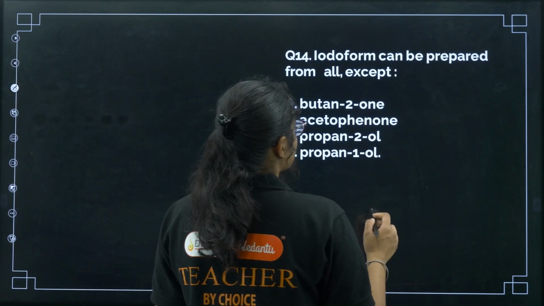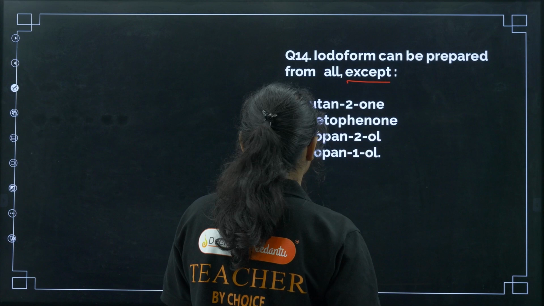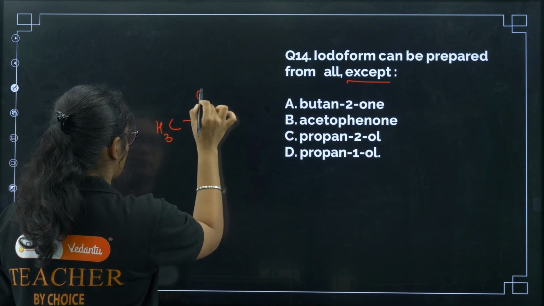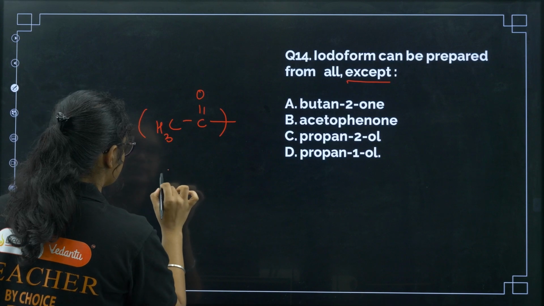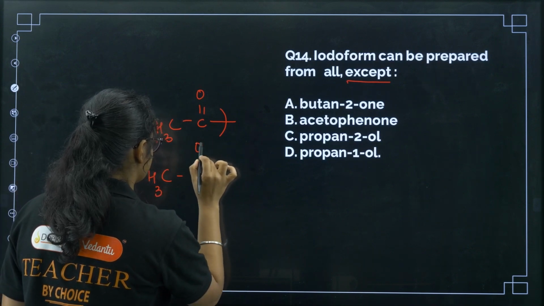Next, iodoform can be prepared from all except. So for iodoform the condition is what? It should have a CH3 C double bond O group, either this should be present or CH3 CHOH.